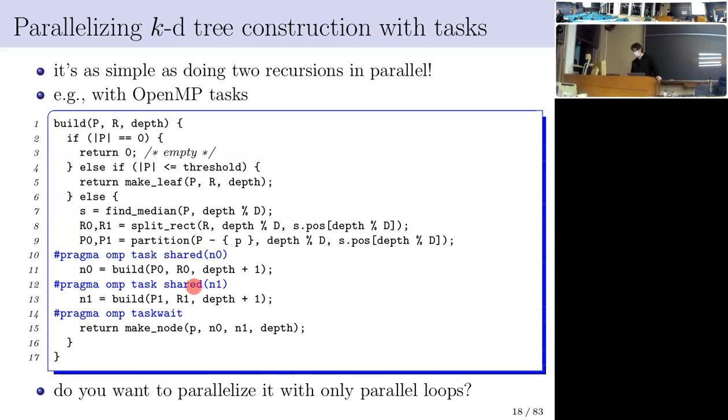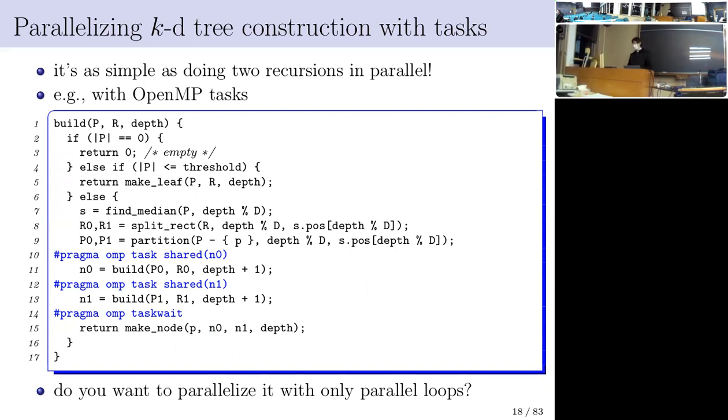Similarly for shared n1. After you wait for the completion of these tasks, you are able to safely use these variables n0 and n1 here. So you simply make an internal node having n0 and n1 as children. This is very straightforward, right?